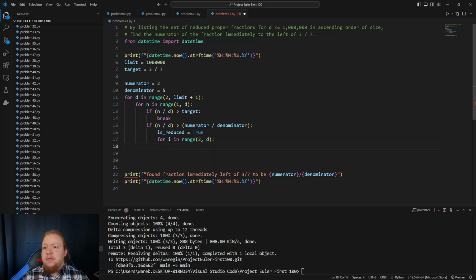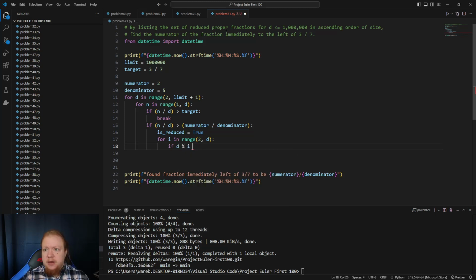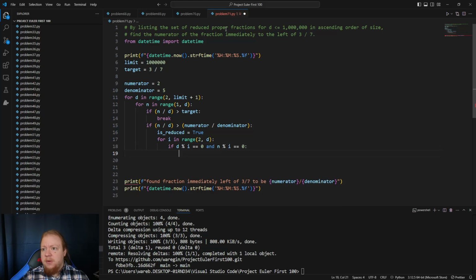Then for i in range 2 to d, if d mod i equals 0 and n mod i equals 0.